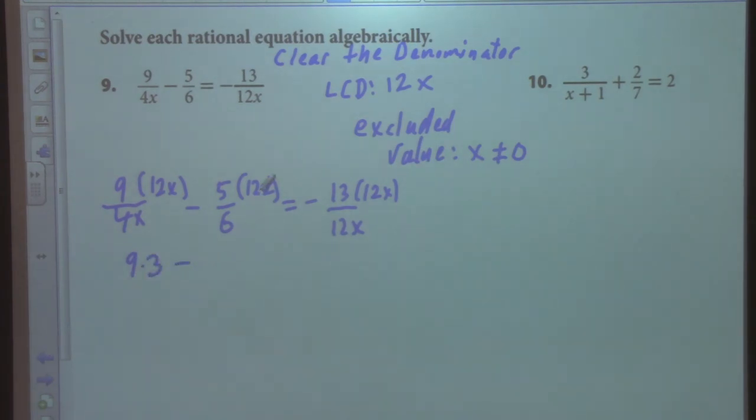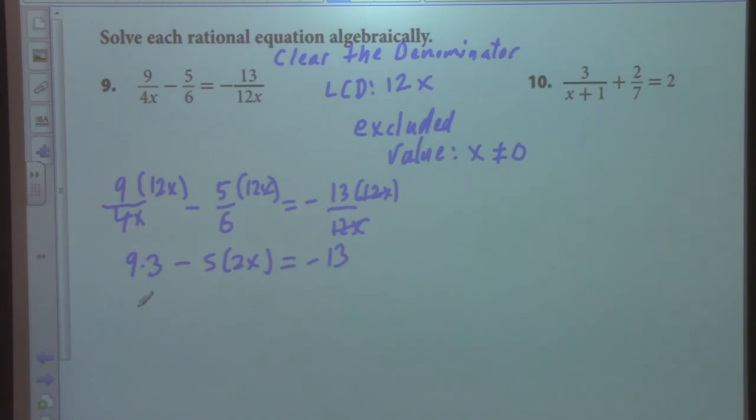For this one, what's 12x divided by 6? 2x. So we have 5 times 2x. And on the right side of the equation, the 12x and 12x cancel out, so we have minus 13.